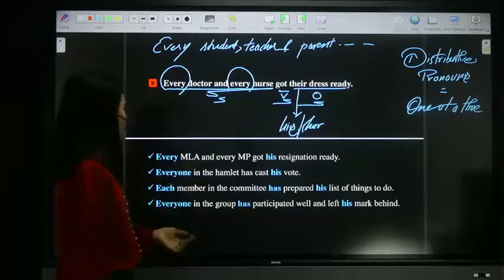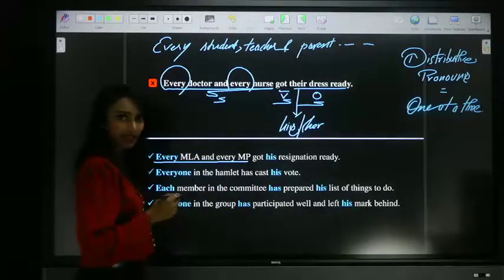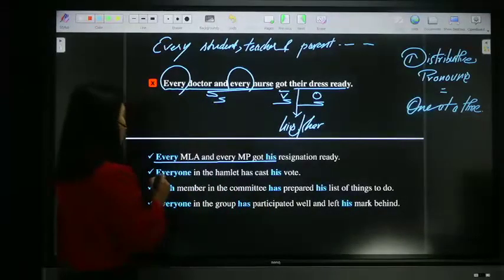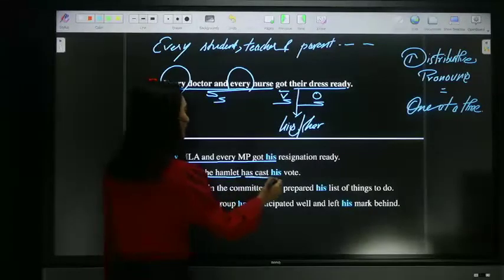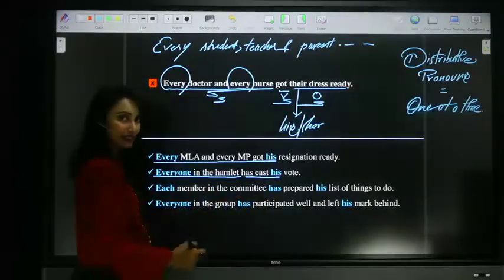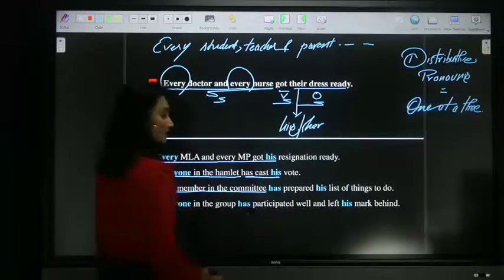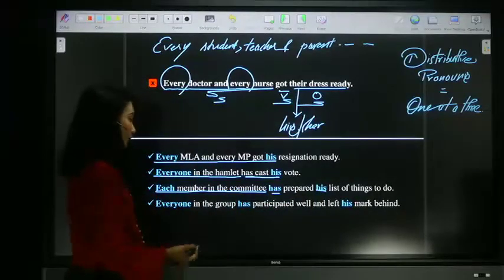Now look at these examples. Every MLA and every MP, again singular, got his resignation ready. Everyone in the hamlet, singular, has cast his vote. Each member in the committee, singular, has prepared his list of things to do.